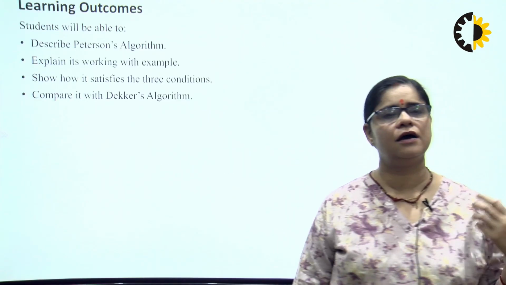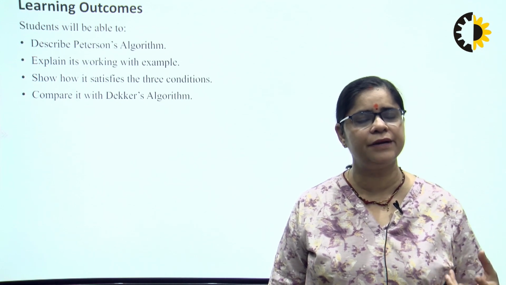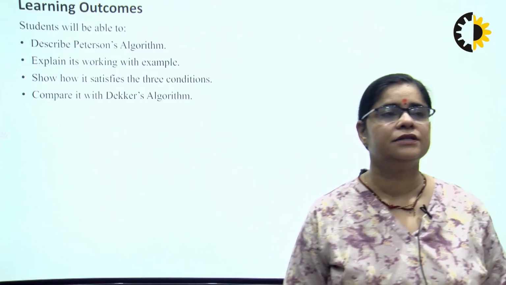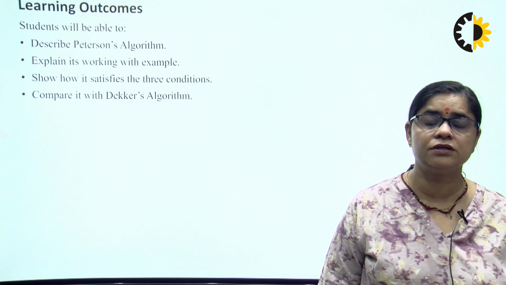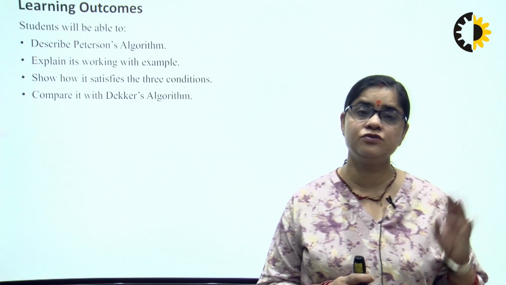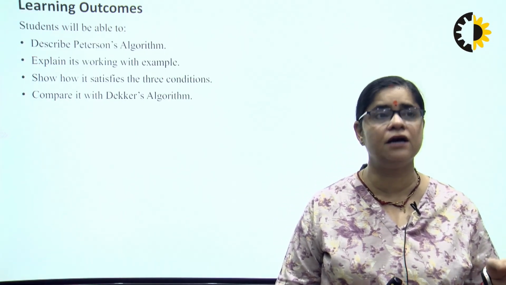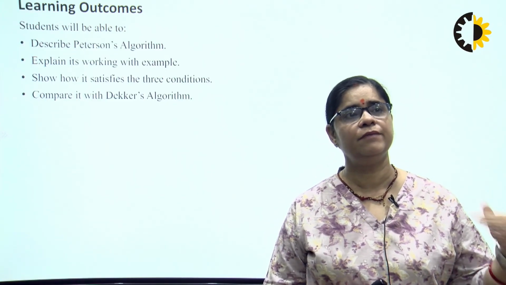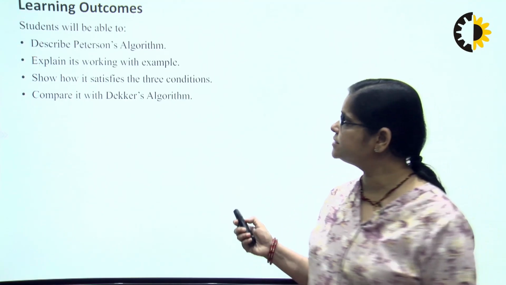We will discuss how the Peterson algorithm works with an example, and how it satisfies the 3 conditions: mutual exclusion, progress and bounded waiting. At the end, students will be able to compare it with Dekker's algorithm. So now let's start our presentation.